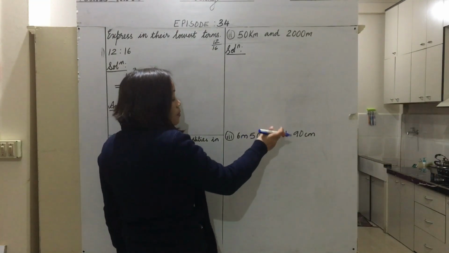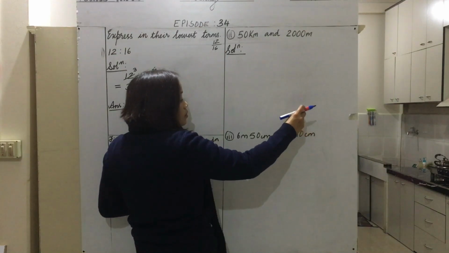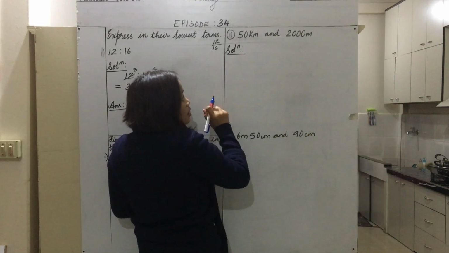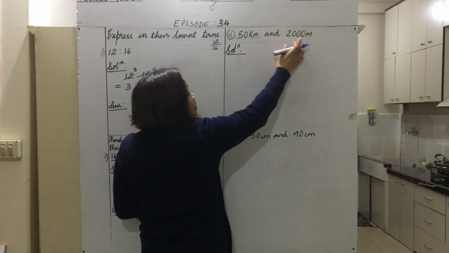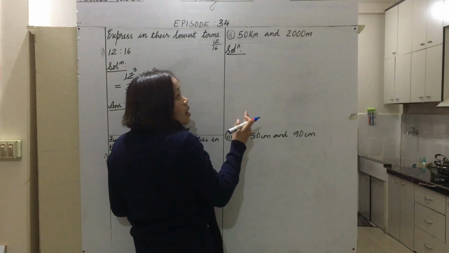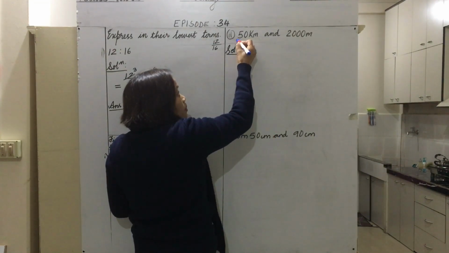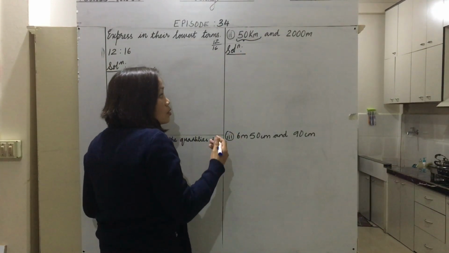The relation between kilometers and meters is 1,000 meter equals 1 kilometer. So this is the bigger unit, so we will convert the bigger units into smaller units, into meters.